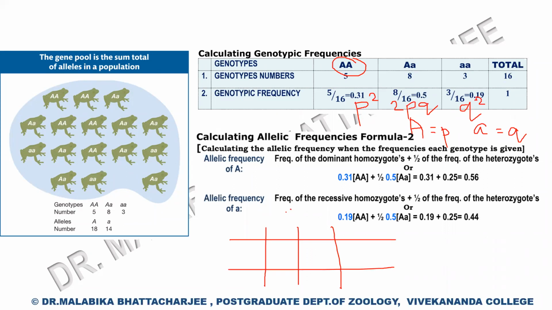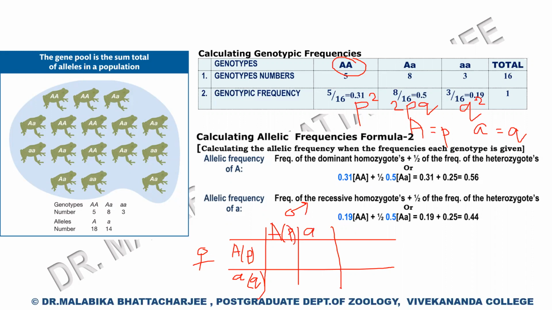So we have sperms on this side and eggs on this side. As I said, capital A, P, small a, Q. Similarly, here we write sperms, capital A, P, small a, Q. This is something you have done before for the checkerboard.